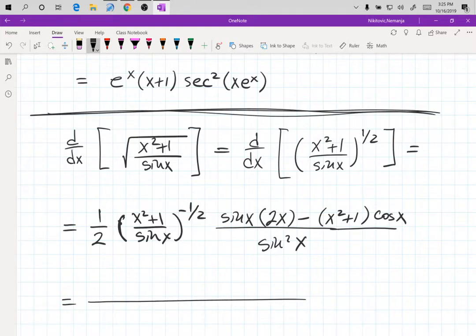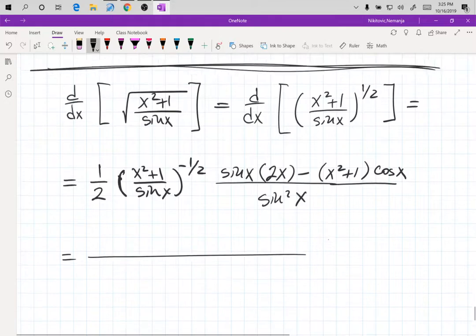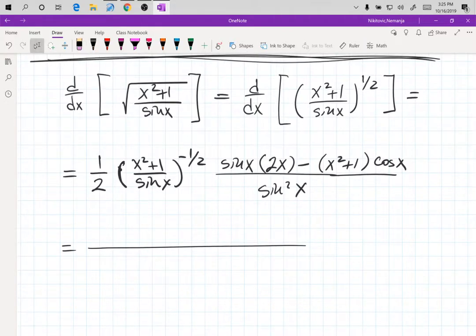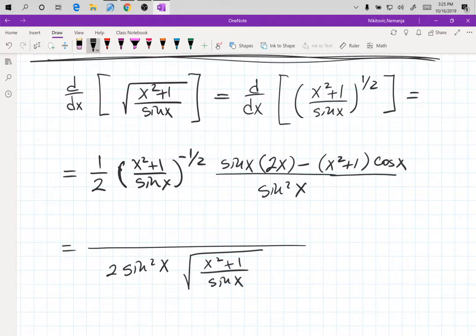We have 2 sine squared x times the square root of x squared plus 1 over sine x.